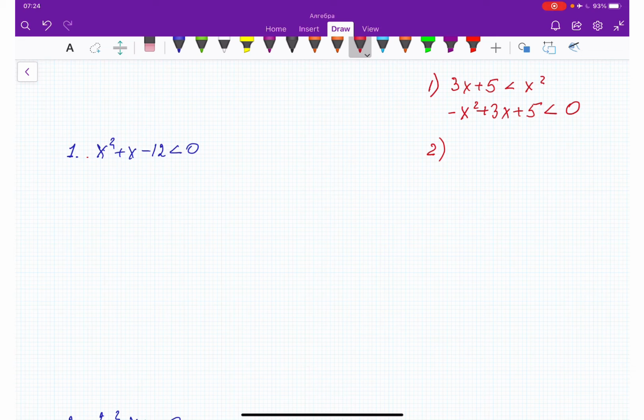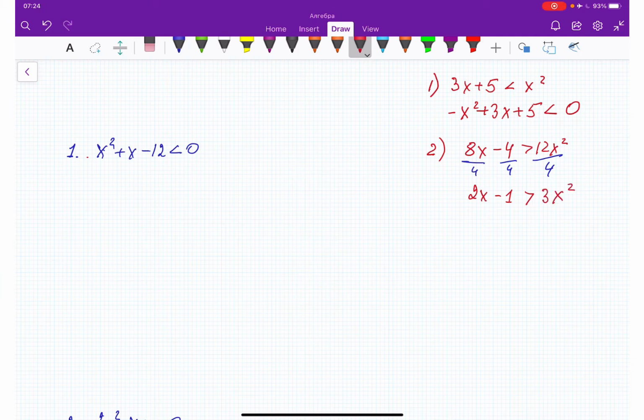If I have 8x minus 4 is greater than 12x squared, and I see all three terms are divisible by 4, I'm going to divide by 4. First of all, it won't disbalance the inequality, it will be the same. I will get 2x minus 1 greater than 3x squared.